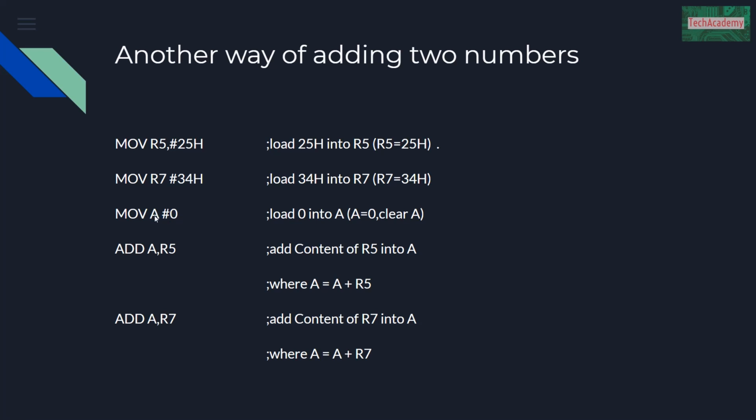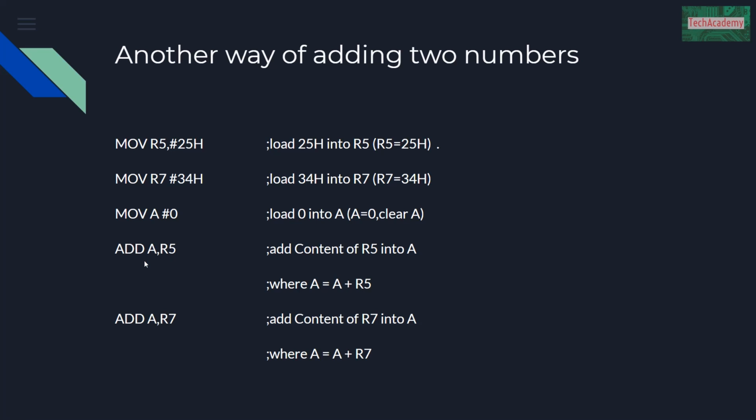Here we are clearing the accumulator's content, that is, loading 0 into the accumulator. So the accumulator is holding 0 as of now, and now we are adding R5 into the accumulator, meaning we are adding the first number, 25H. So what will be the result? It will be 25H only, because 25H plus 0 is 25H.